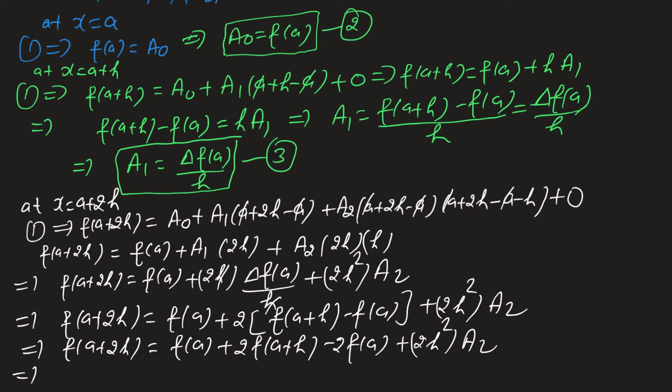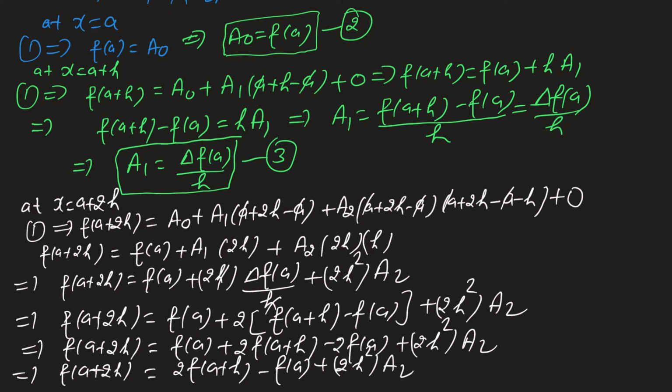This implies that f(a+2h) is equal to 2 f(a+h), and you will see it will be minus f(a), plus 2h² a2.